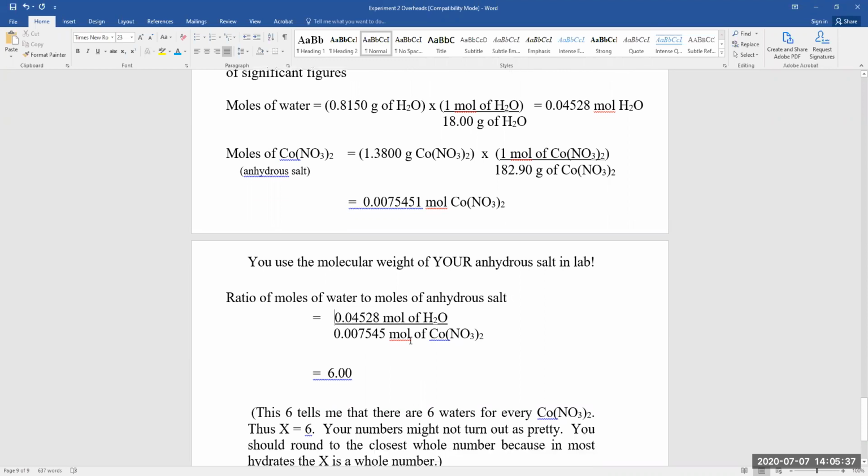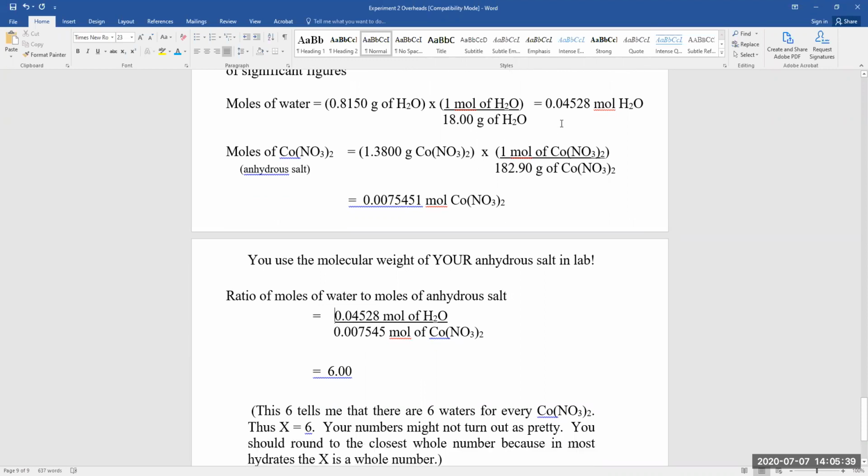And so I got 0.04528. I'm dividing it by 0.5, and I'll put the 1 there, but realize it's not relevant, because in the end, 4 digits divided by 5 digits is going to give me 4 digits. 0.04528 divided by 0.0075451 equals 6.001.